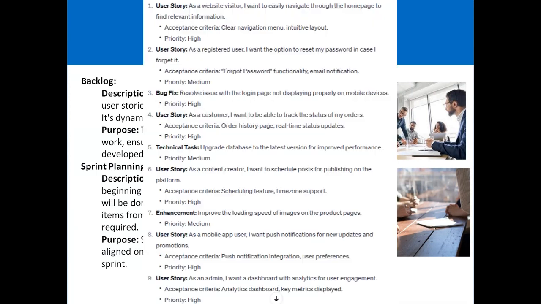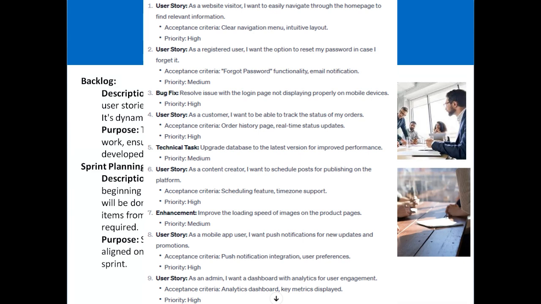Then the backlog is basically the prioritized list of features. We have the list of requirements or user stories, and with discussion with the customer and the product owner, we prioritize those user stories. For example, if there are 40 user stories, 40 requirements, which are the first 10 user stories with the highest priority, which the customer wants first?